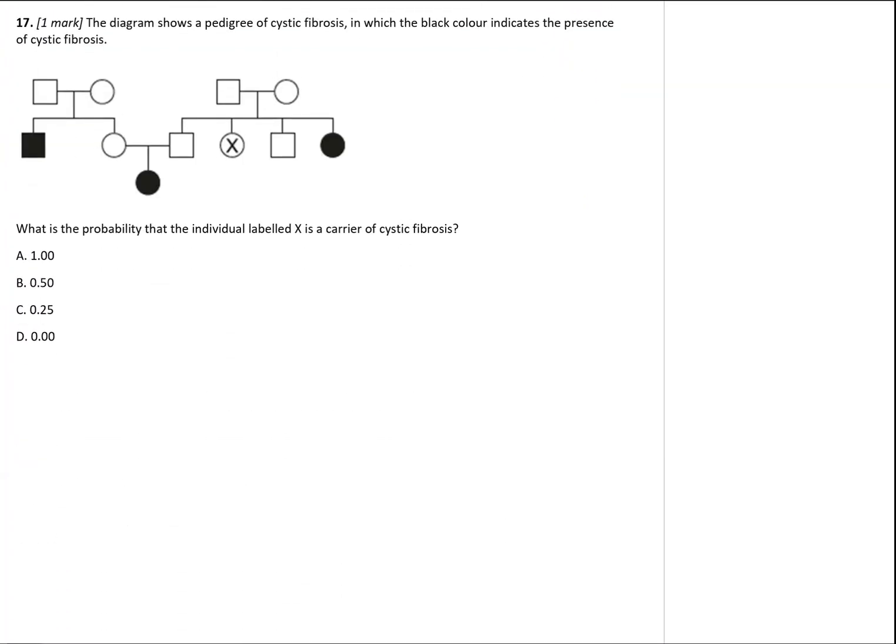Okay, question 17. The diagram shows a pedigree analysis chart for cystic fibrosis, which we know is a recessive disorder. Here we have parents who don't have the disorder having a child with the disorder, so there'd be big F, little f, big F, little f.